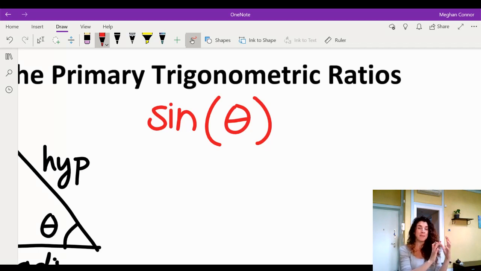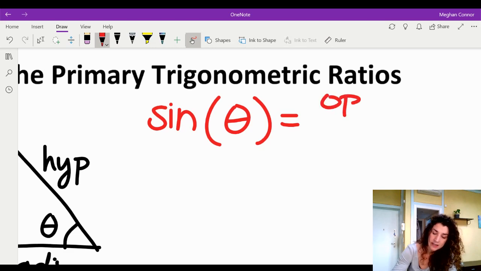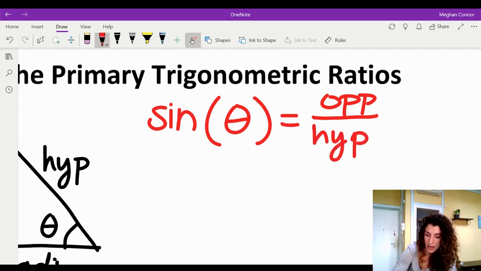This does not mean multiplication. This means that your angle is inside of sine. So like what we talked about in our graphing, we're not multiplying it here. Sine is the relationship of your opposite side length over your hypotenuse.